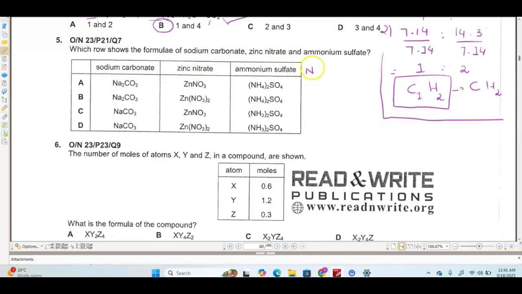Okay, for sodium, the oxidation state is +1 since it belongs to the first group of the periodic table. For carbonates, sulfates, nitrates, phosphates, sulfite, oxide, hydroxide, you have to remember them, okay.